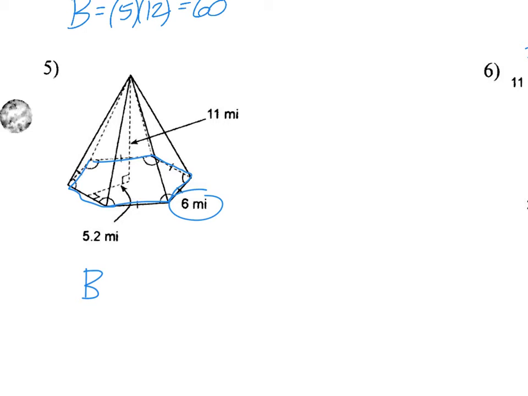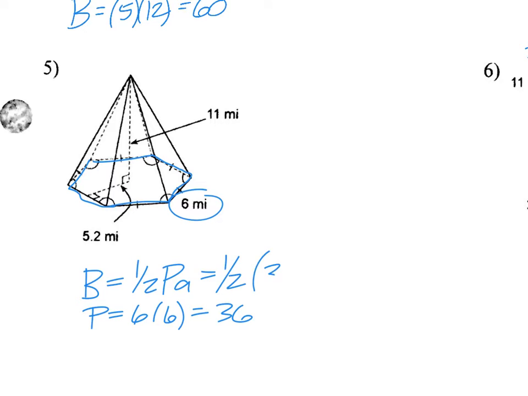I'm getting ahead of myself a little bit here. 1/2 PA. Perimeter then is 6 times 6, which is 36. And right here's the apothem. Goes from the center perpendicular to that side. So, oops, wrong place. 5.2. So 1/2 times 36 times 5.2 is 93.6.